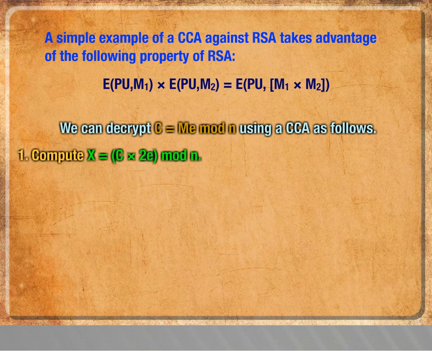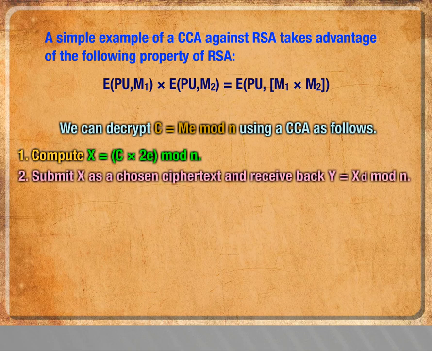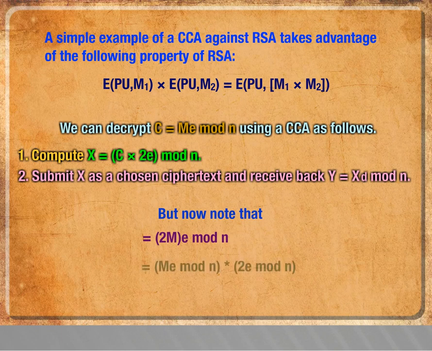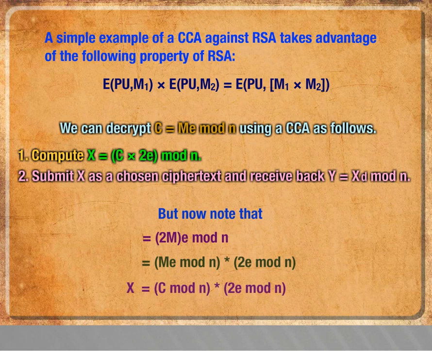Compute X = C times 2^e mod N. Submit X as a chosen ciphertext and receive back Y = X^d mod N. But now note that X = (2M)^e mod N, which is equal to M^e mod N times 2^e mod N, that is, X = C mod N times 2^e mod N.